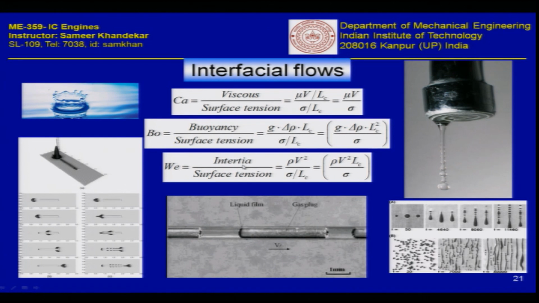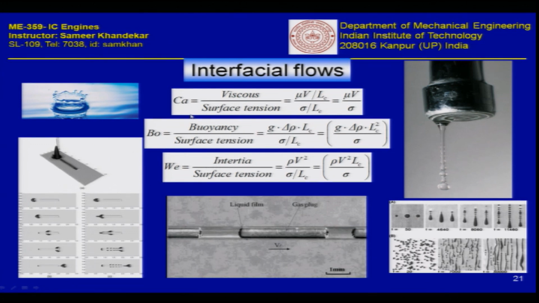Now, depending on the situation, we may like to see the scaling of these forces. So, which force is dominant? For example, the viscous forces can be compared to surface tension forces, the buoyancy forces can be compared to surface tension forces, and the inertia forces can be compared to the surface tension forces. So, with these three forces you can make combinations and we can get three non-dimensional numbers.